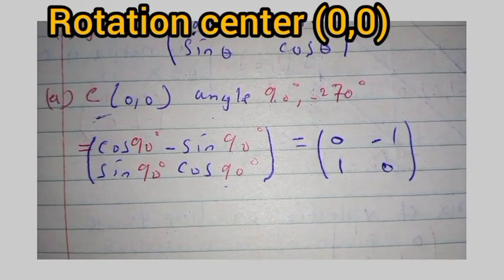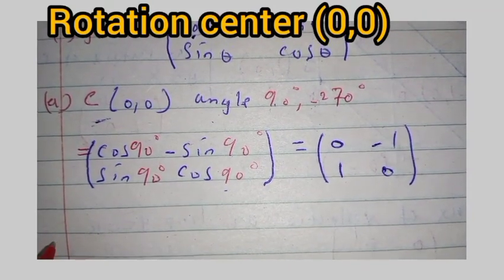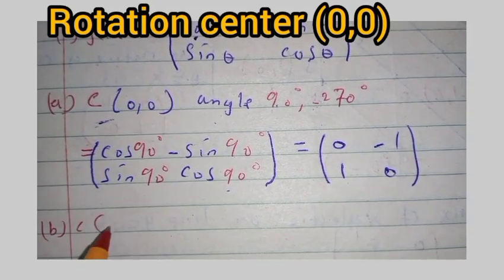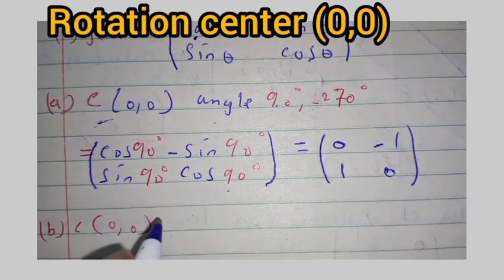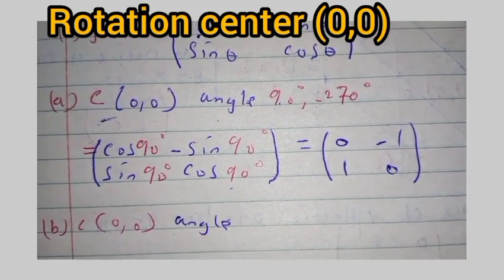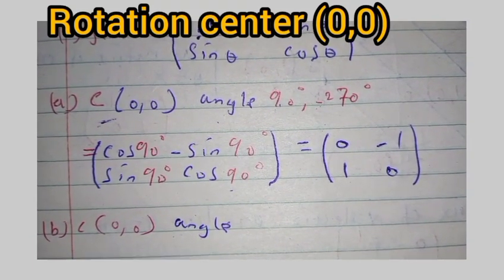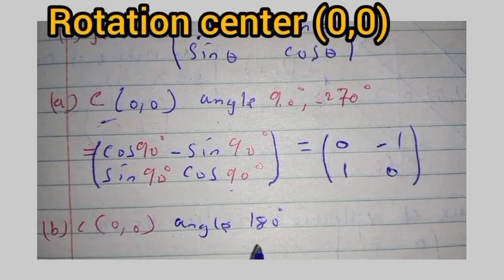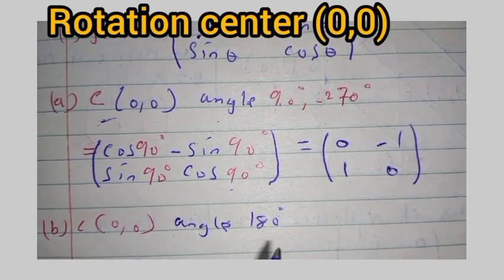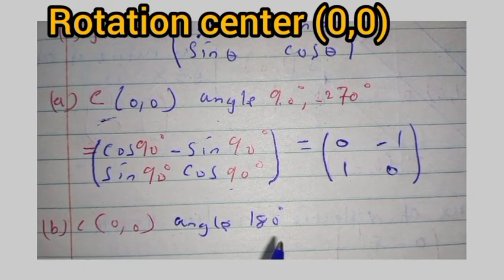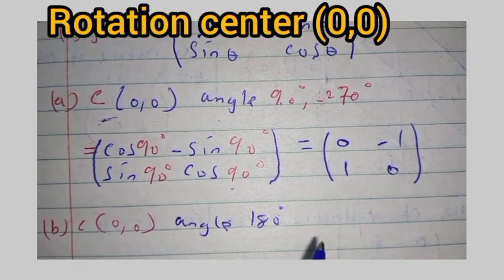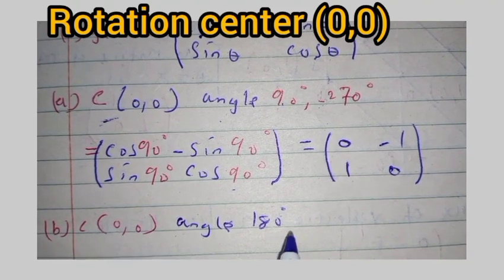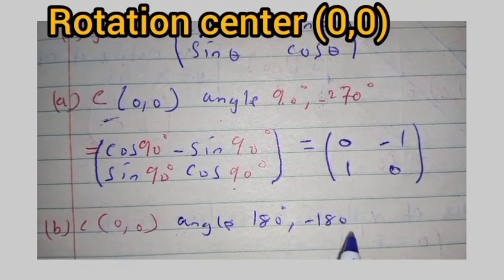Part B. The center is the same, center 0 0. Our angle in this case is 180 degrees, which is the same as the rotation about 0 0 of negative 180.